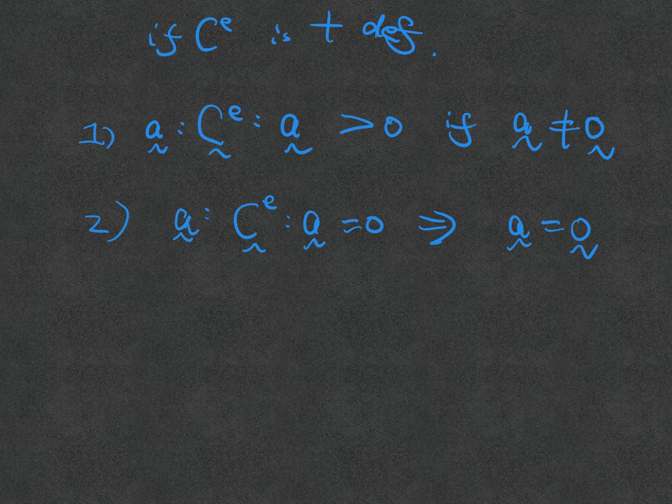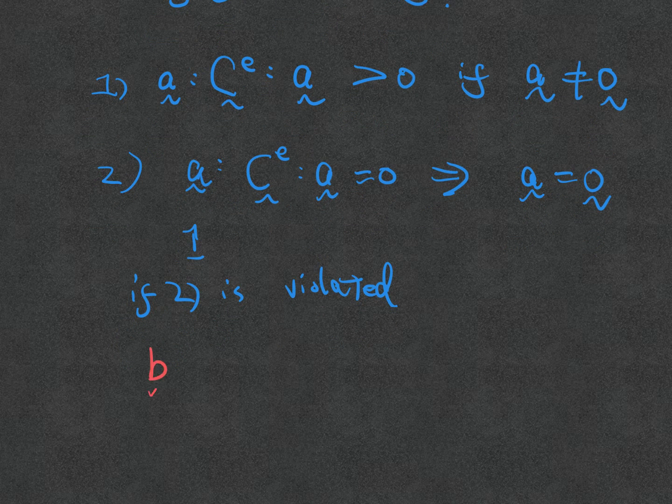If property 2 is violated, then what will happen? Say there's a B, and B double dot CE double dot B is, let's say, equal to X. I'm just making up some number.